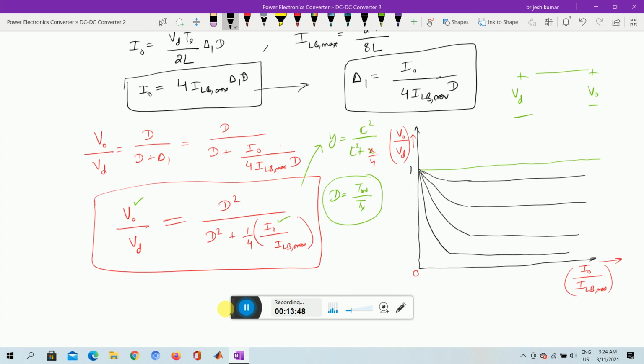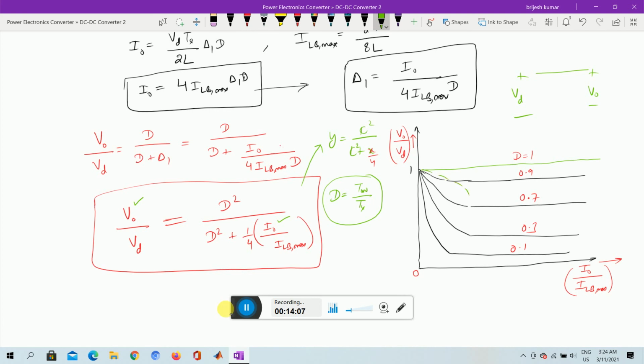So here we have different values of d equal to 1, 0.9, 0.7, and here 0.1 or 0.3, like this. From all these we are getting a dotted line here.